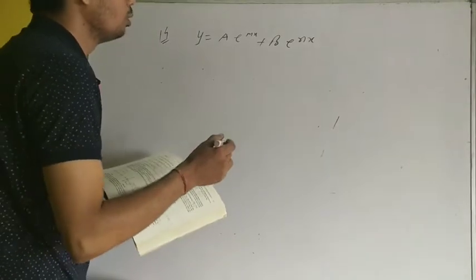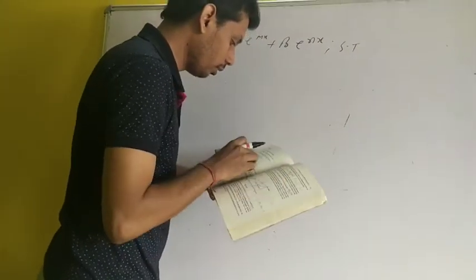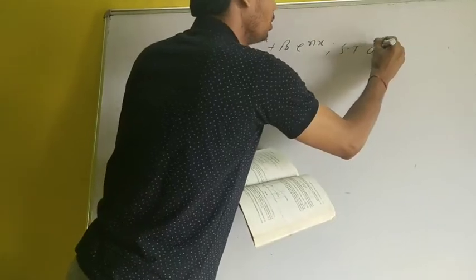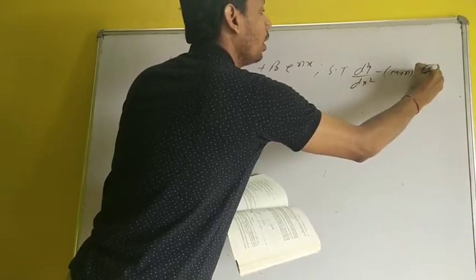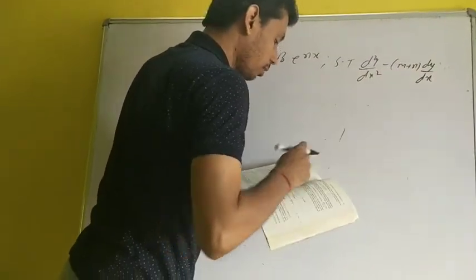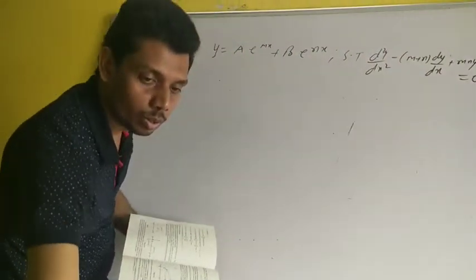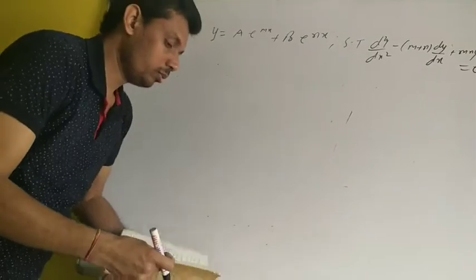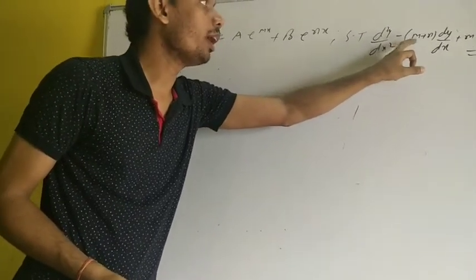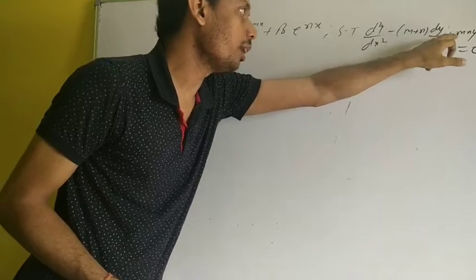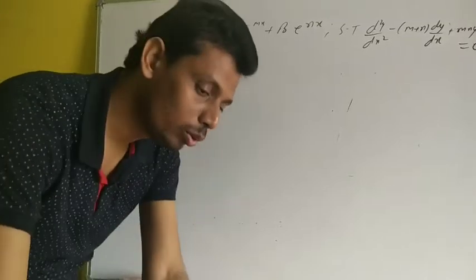Now show that d square y by dx square minus m plus n dy by dx plus m n y is equals to 0. So this we have to prove, that d square y by dx square minus m plus n into dy by dx plus m n y, its value is equals to what? 0.